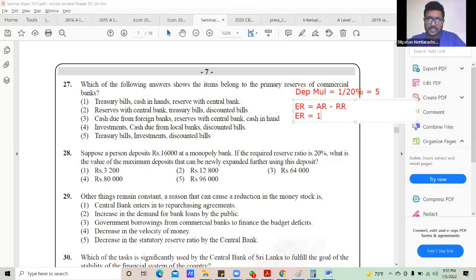The new person deposited 16,000, minus required reserve, the amount that has to be kept from 16,000. 16,000 into 20%. So the excess reserve is $12,800.